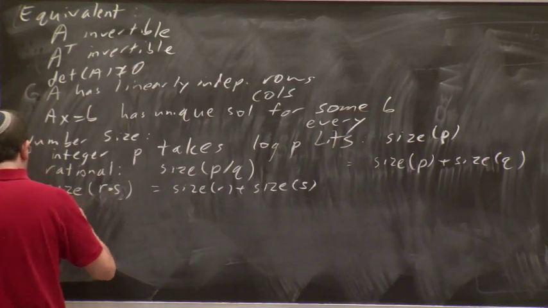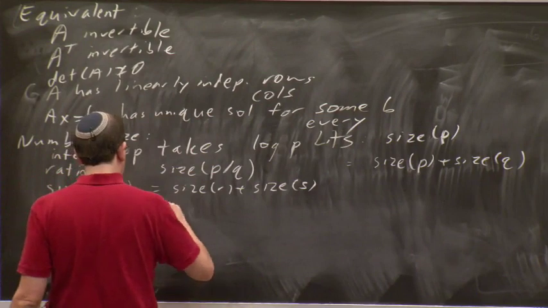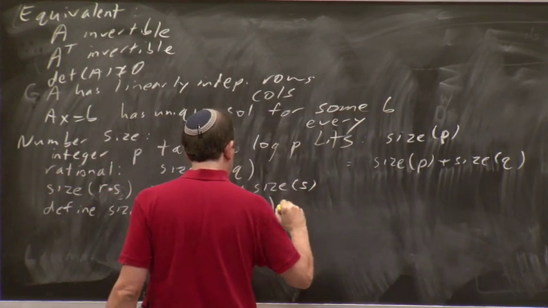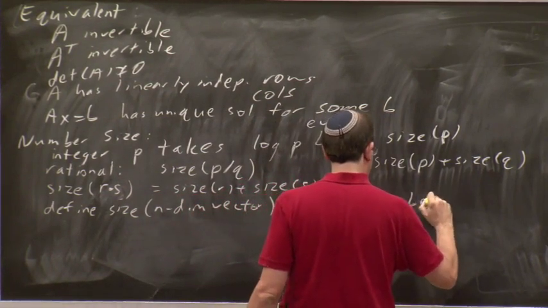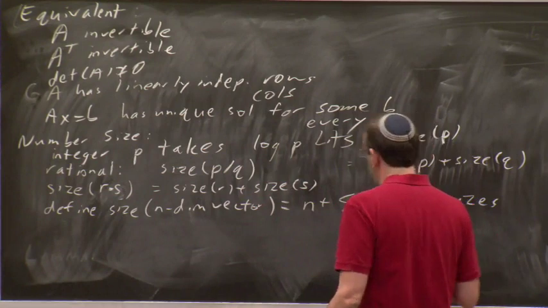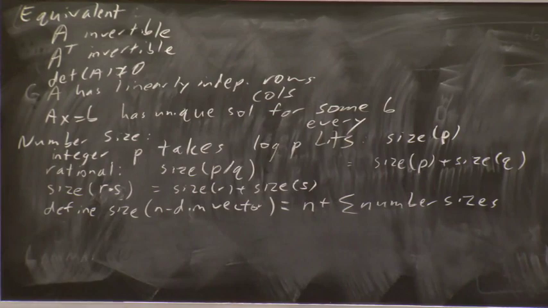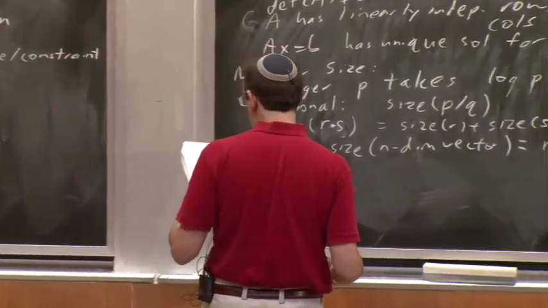We are going to define the size of an n-dimensional vector to be equal to n plus the sum of the number sizes. So you might want to just define the size to be equal to the sum of the number sizes. But if there are a lot of zeros in the matrix, that could get you into some trouble.